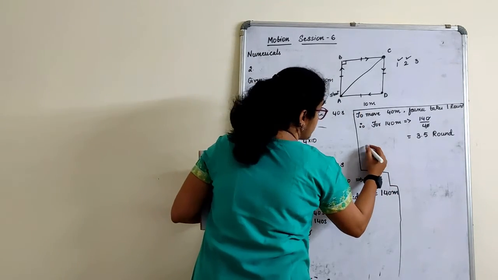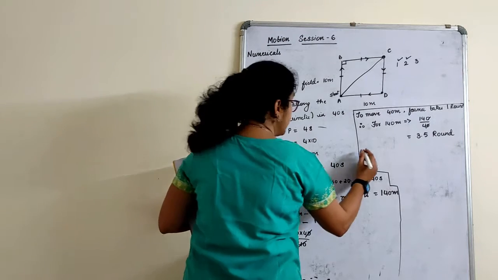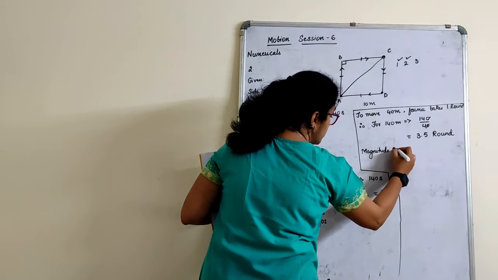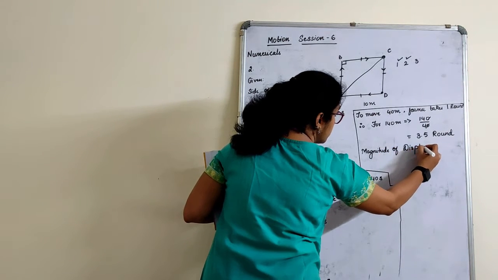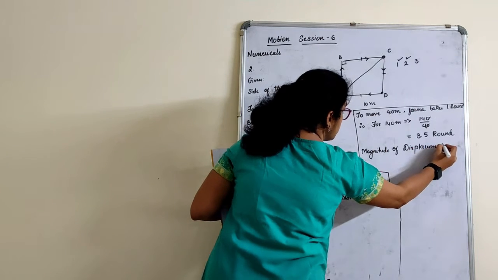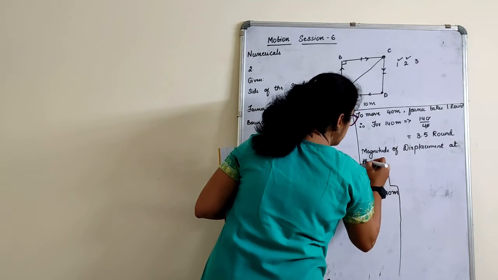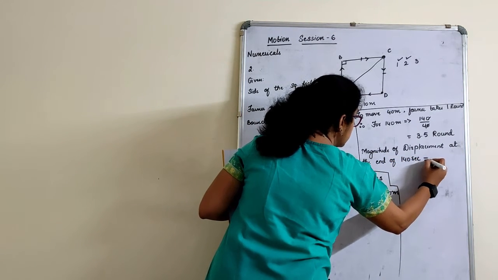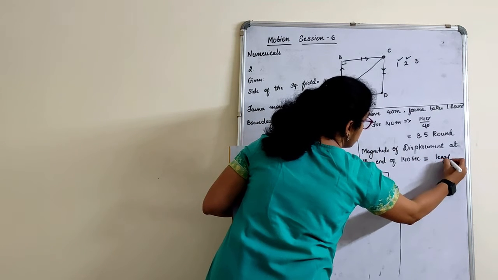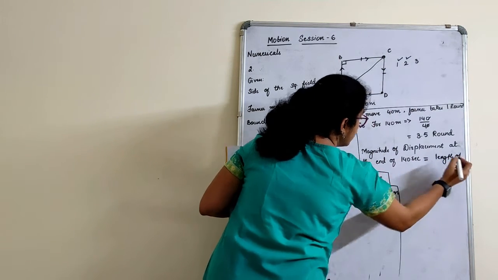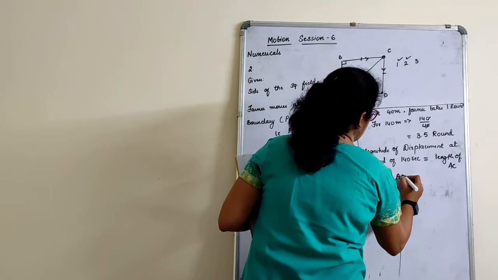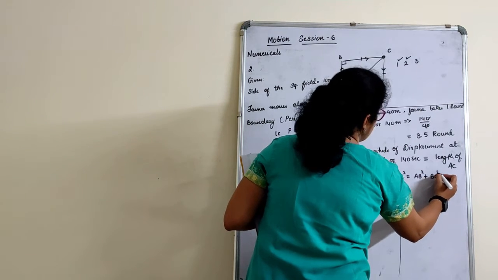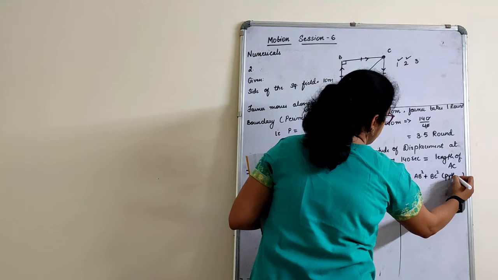So we will write here: magnitude of displacement at the end of 140 seconds is length of AC. So AC square is equal to AB square plus BC square. Reason: Pythagoras theorem.